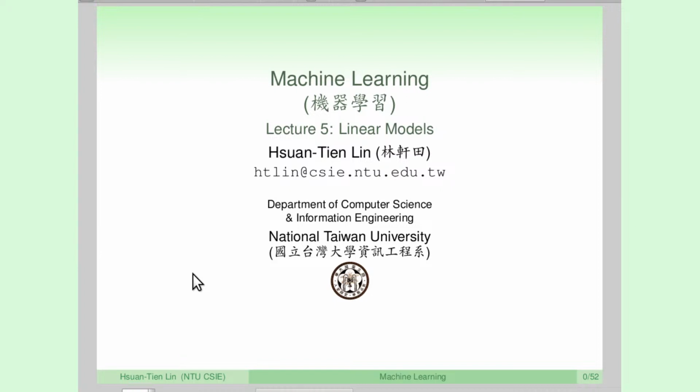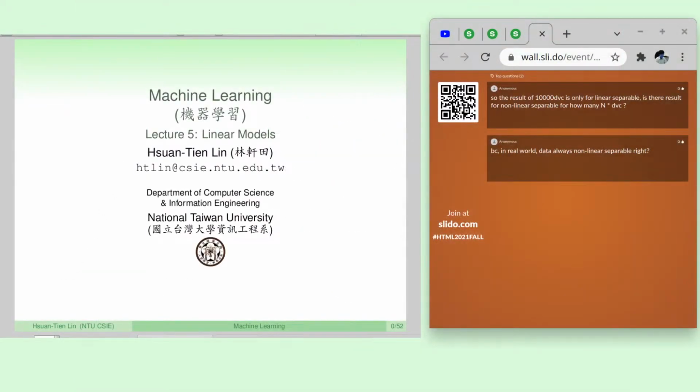Okay, welcome back. And let's move on to the linear models that we're going to discuss here. But before we do that, I saw two questions on Slido. Let me quickly answer them first. The two questions are both about separability. In general, we do not always encounter linearly separable data sets in practice.